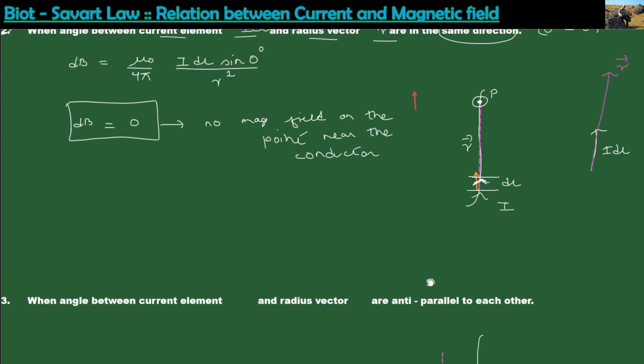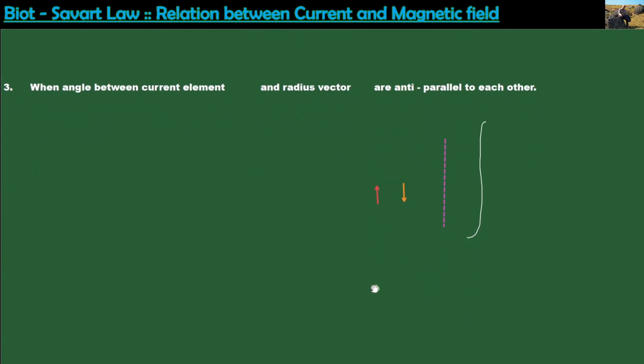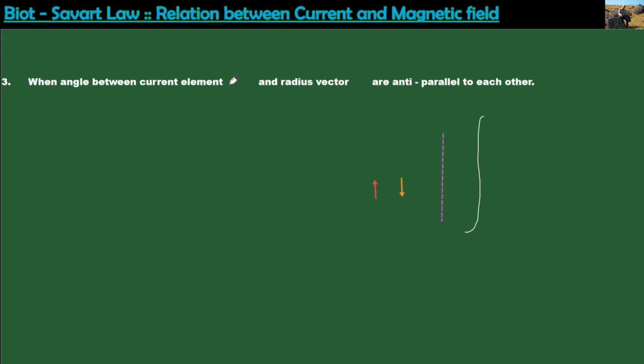Then next, let us consider that the current element IDL bar and the radius vector r bar are antiparallel. What do you mean by antiparallel vectors?